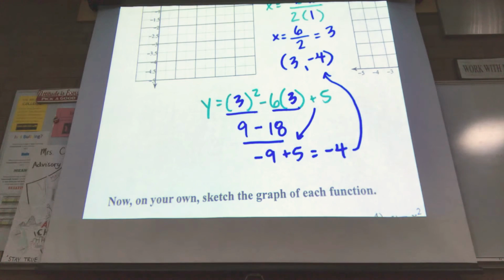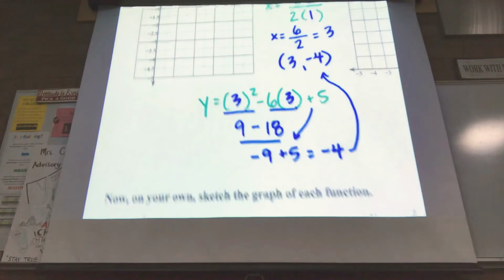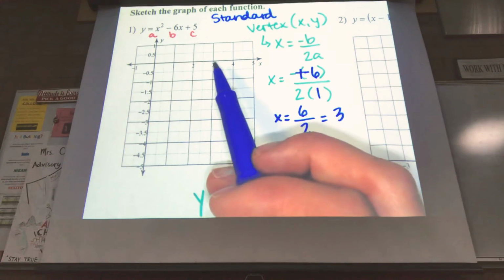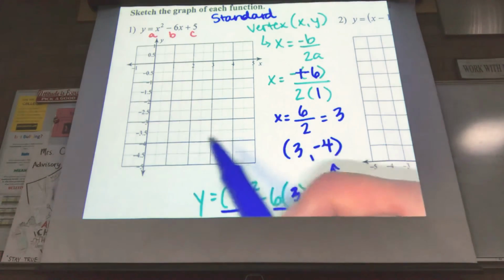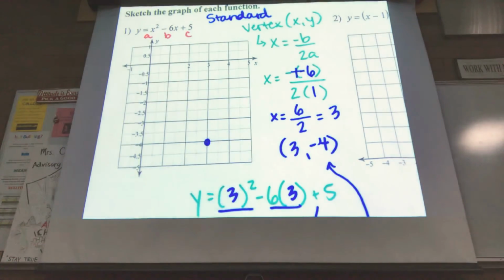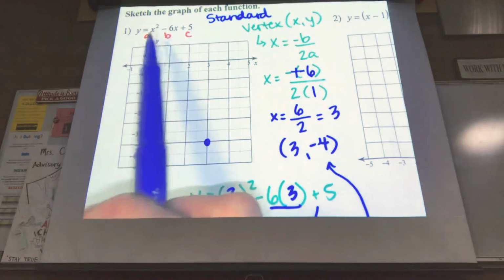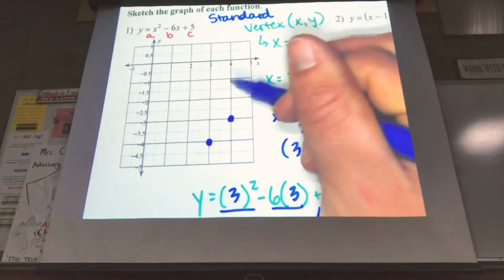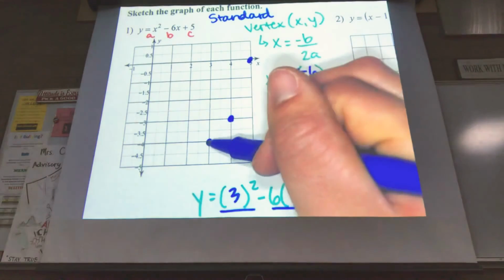Now I can put that vertex on my graph. Everybody find positive 3 on your x-axis first, because the x comes first, and then go down to negative 4. There's my vertex. Since our a coefficient was 1, we can use our beautiful trick: up 1 over 1, up 3 over 1, and mirrored on the other side.